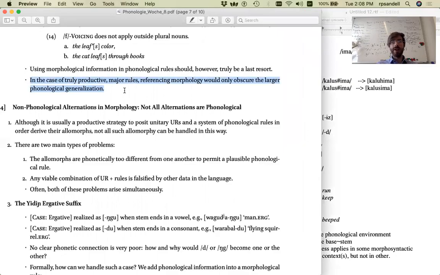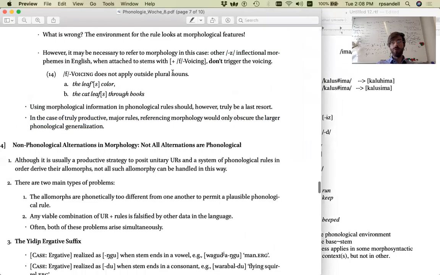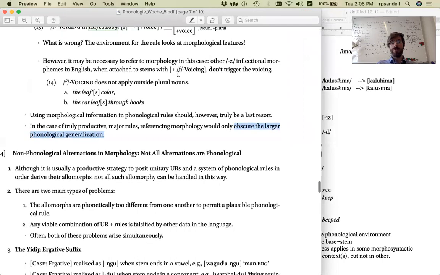If we are looking at a truly productive rule, a major rule, then it should never be necessary to refer to morphology. Referring to morphology in the case of a truly productive phonological process would only obscure the larger phonological generalization.